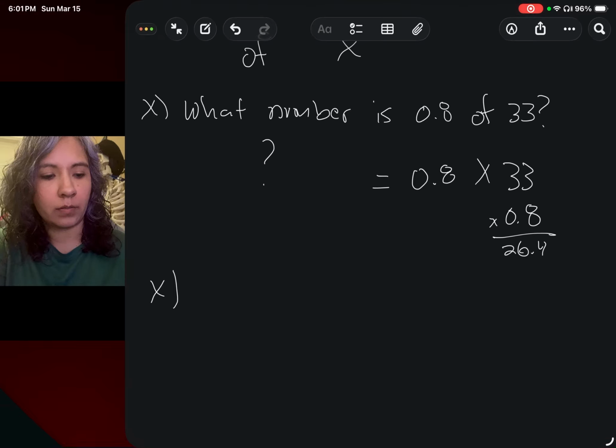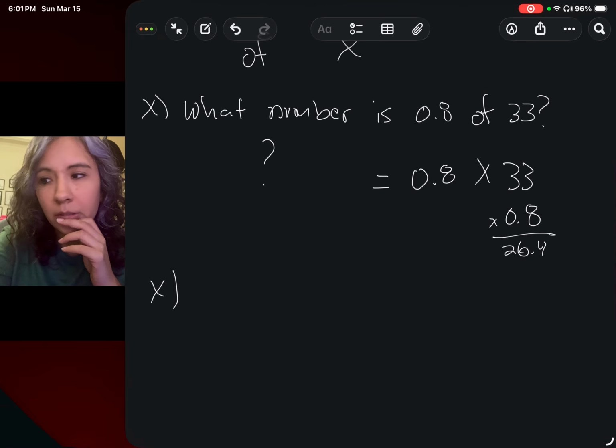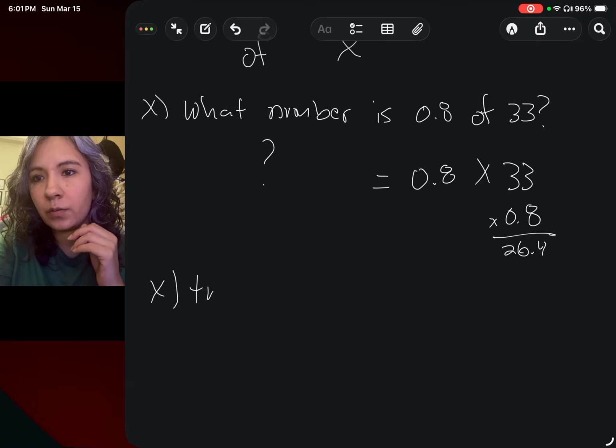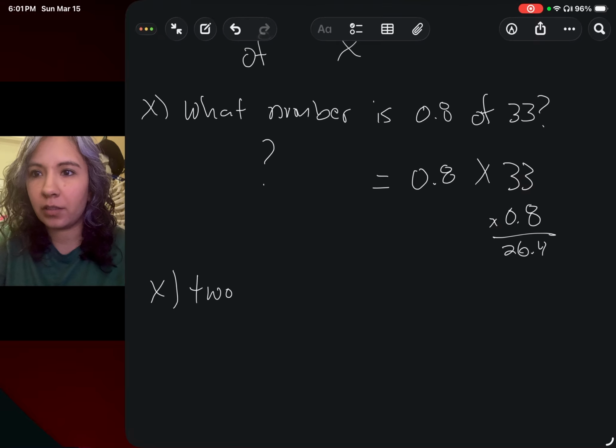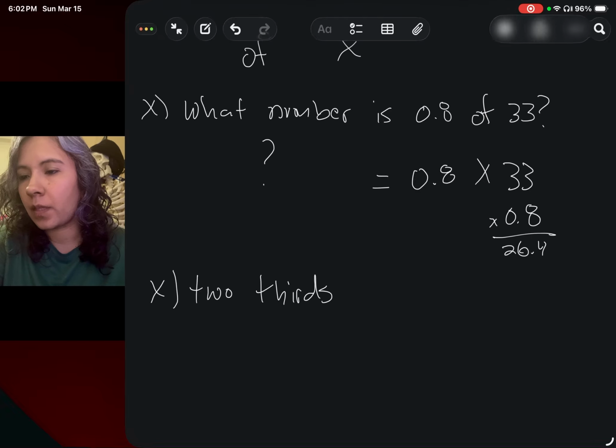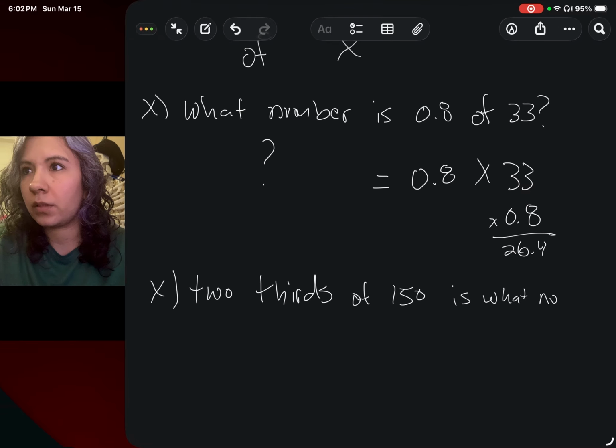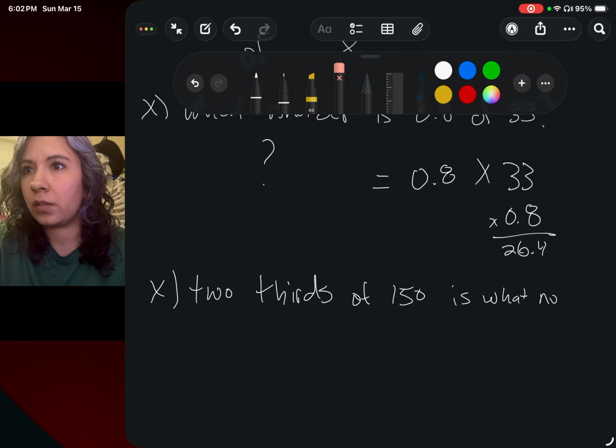And then let's do another example. 2/3 of 150 is what number? Or actually, I'm just going to do the number sign.